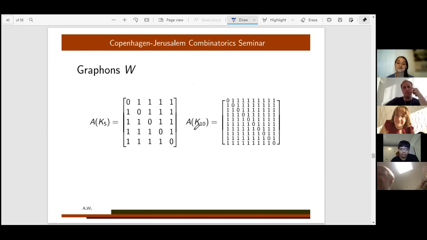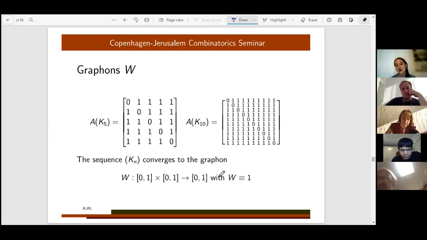And if we look at the bigger adjacency matrix, what happens is we see more 1s and fewer zeros. You can imagine taking a bigger and bigger complete graph, but leaving the square the same size, most of the space will be occupied by 1s, and only some of the space will be occupied by zeros.